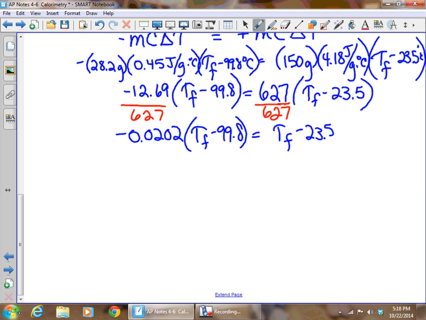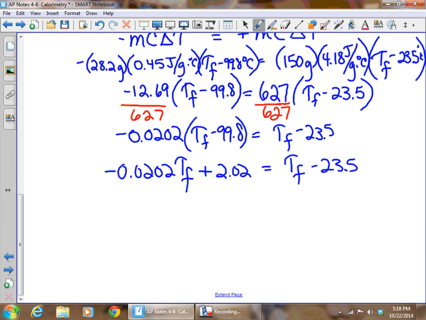I end up with negative 0.0202 times T sub F. And since I'm multiplying a negative times a negative, I end up changing that to a positive 2.02 when I multiply that, T sub F minus 23.5.